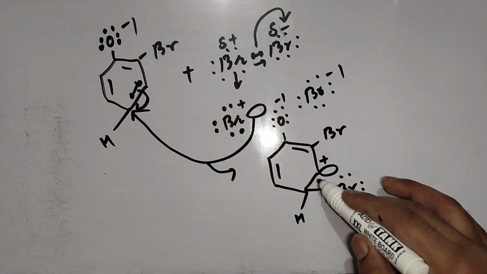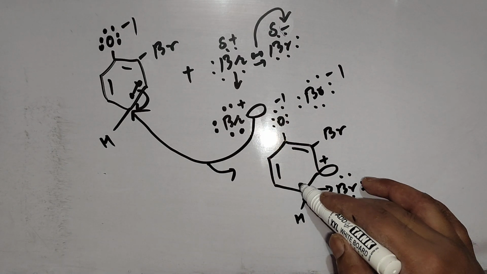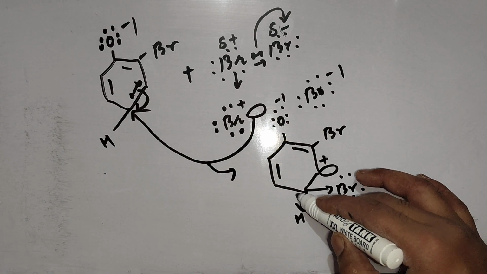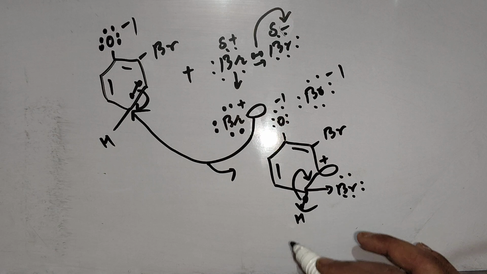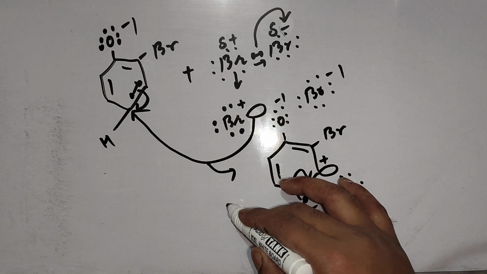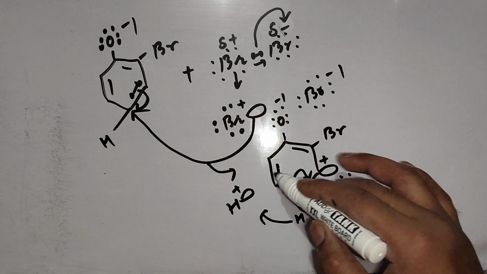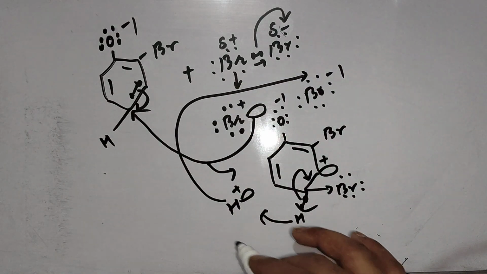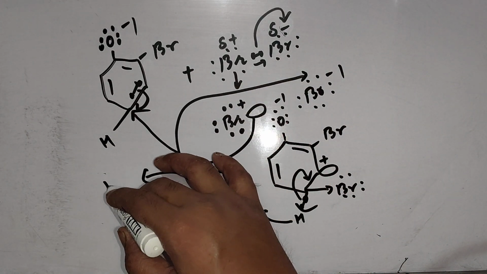Now the carbocation will be satisfied by this carbon which has made it. By breaking the bond and shifting these electrons here, it will satisfy this. And this hydrogen will release out as H positive, which will react with this bromide ion to create another particle of HBr.